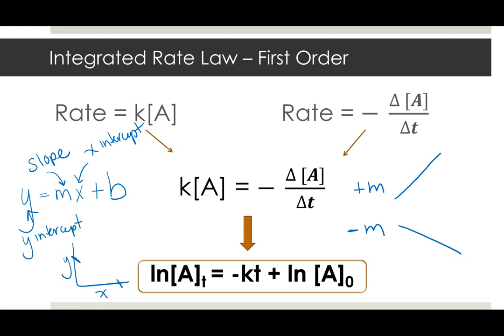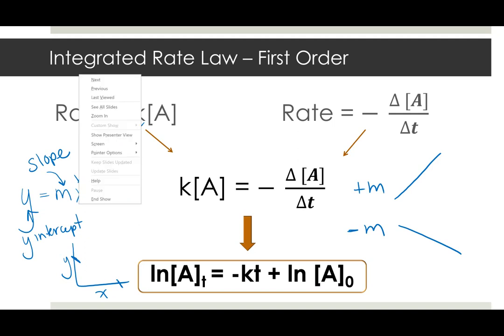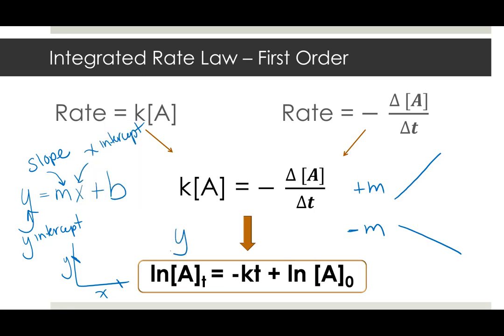So looking at this equation of our line and relating it to this y equals mx plus b, what we see is we've got actually this formula right in front of our eyes. Okay. So this natural log of the concentration of A at time t is going to be y. K is going to be the slope.